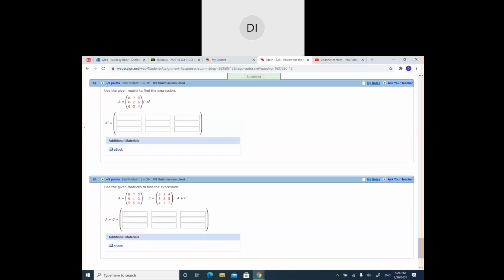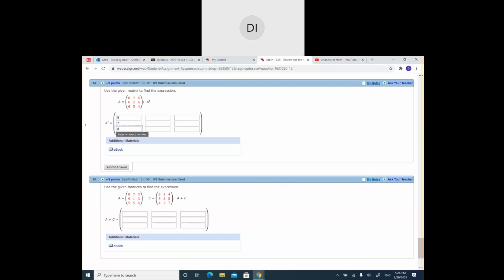It says find, they give you matrix A. You need to find A transpose. So A transpose means we're going to transpose a row to become a column. I'll write it like this. Okay? So you're going to write 8, 7, 8, 8, 7, and 8 down here.